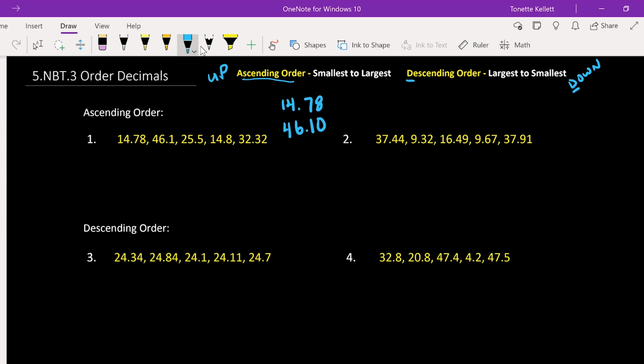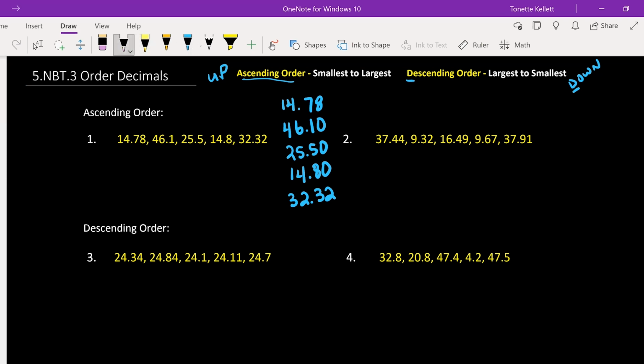I'm going to have to add a 0 here. 25.5, I'm going to add a 0. 14.8, I'm going to add a 0. And 32.32. So notice that I've added a 0 so that they're all in the hundredths place.